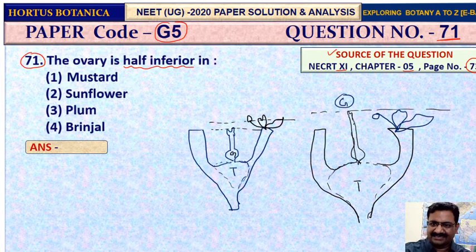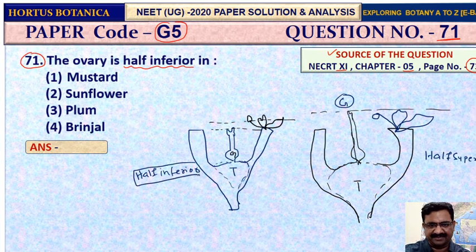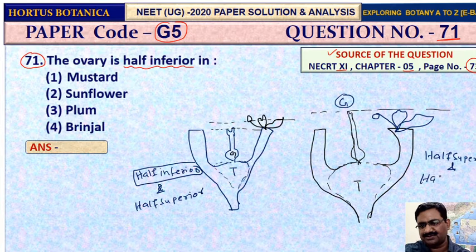So either here the gynoecium is half superior, or in this case it is half inferior. So it is very clear: if it is half inferior, it is also half superior. Automatically, half inferior as well as half superior. Similarly, half superior is also supposed to be half inferior with respect to the other floral whorls, isn't it?